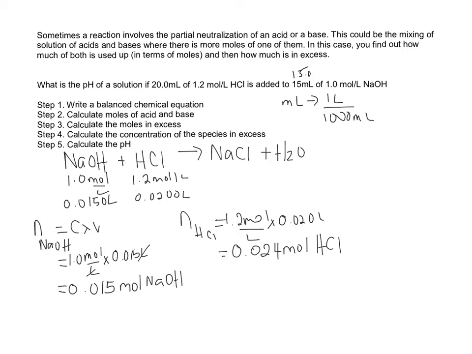All right, so there's more moles of acid than there are of base. So we're going to have excess acid. So figure out how much excess. You subtract the quantity of base from the quantity of acid, because it's going to be a 1-to-1 ratio. 0.015 moles of sodium hydroxide, because it's a 1-to-1 ratio, we'll need 0.015 moles of HCl.